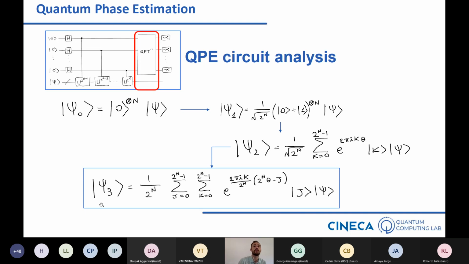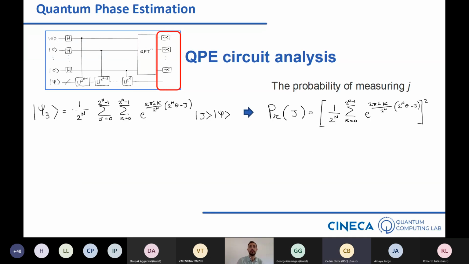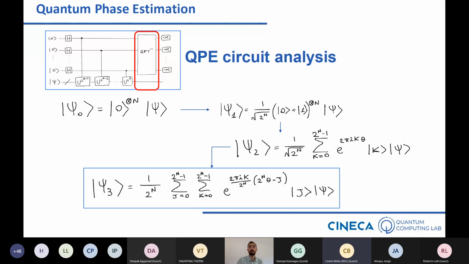You can do the math by yourself and see that this is what happens at the end of the circuit. It's a bit complicated, much more than the other circuits, so I'm going to skip it and just show you the result. The inverse QFT is just reversing all the steps, starting from the end and going toward the input, as in the previous circuit.